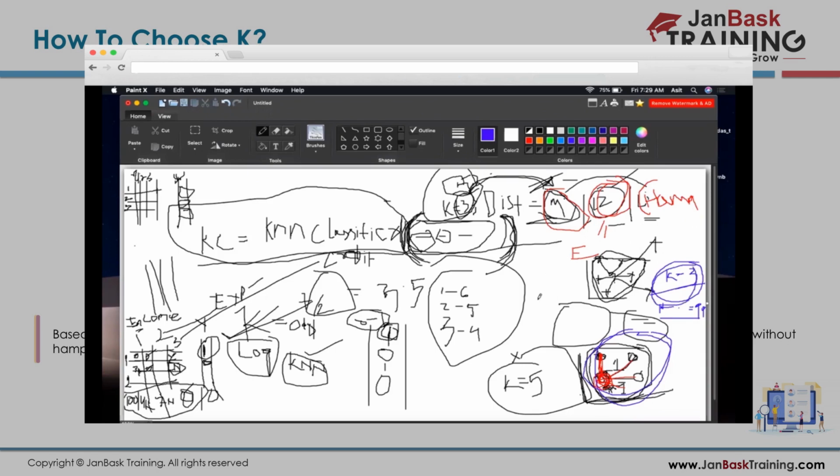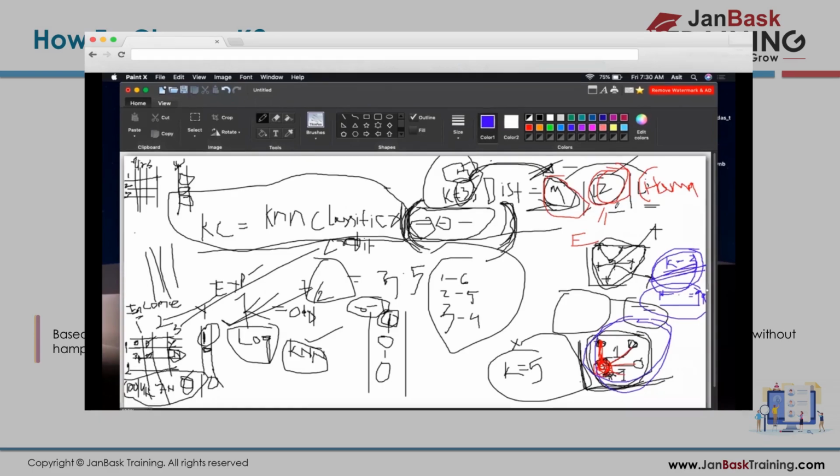That means it is not doing well because you have not given enough value of k. If you give a very high number, then the time it has to go through all the distances, at least it has to identify 99 distances, right? It has to calculate. So the time taken for building the model is very high.